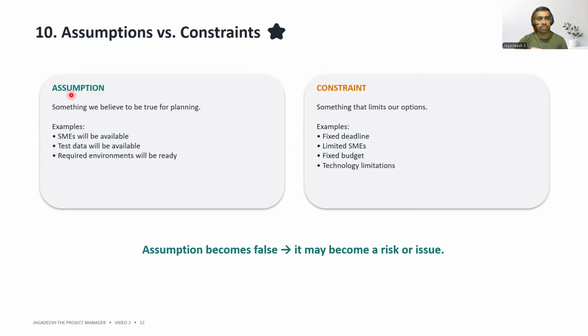So, what are assumptions? Something we believe to be true for planning. Examples: SMEs will be available, test data will be available, required environments will be ready. Constraints: something that limits our options. Examples: fixed deadline, limited SMEs, fixed budget, technology limitations. If assumptions become false, it may become a risk or an issue.